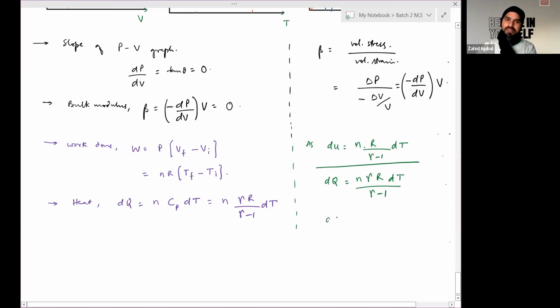So you're left with dU by dq will be 1 by gamma, or you can say dq equals gamma times dU. So I'm defining a generalized relation between these three different quantities: dq equals gamma times dU, which equals gamma divided by gamma minus 1 times dW. So if you know any one of the quantities related to this, you'll be able to calculate the other two by using this expression.